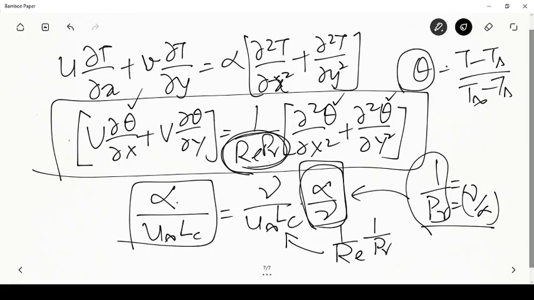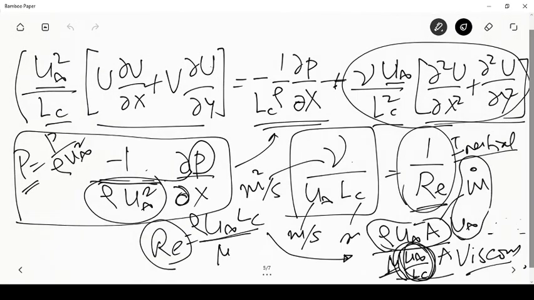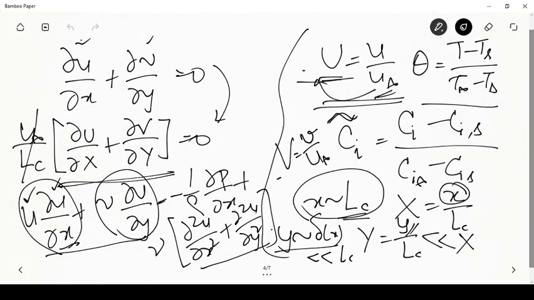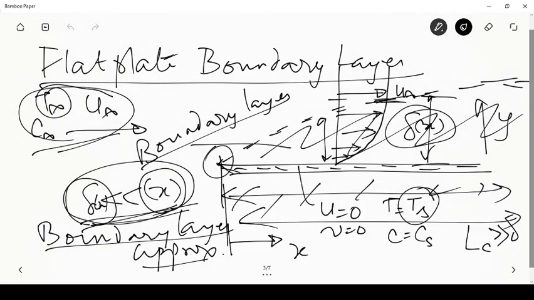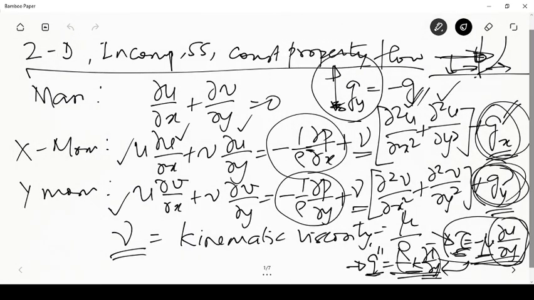This Prandtl number is basically the one that characterizes the relative diffusivities of momentum and energy, because this nu, kinematic viscosity, in some sense is the diffusivity of momentum, as we saw in the basic definition of Newton's law of viscosity, that is this equation: tau is equal to minus mu del u by del y.